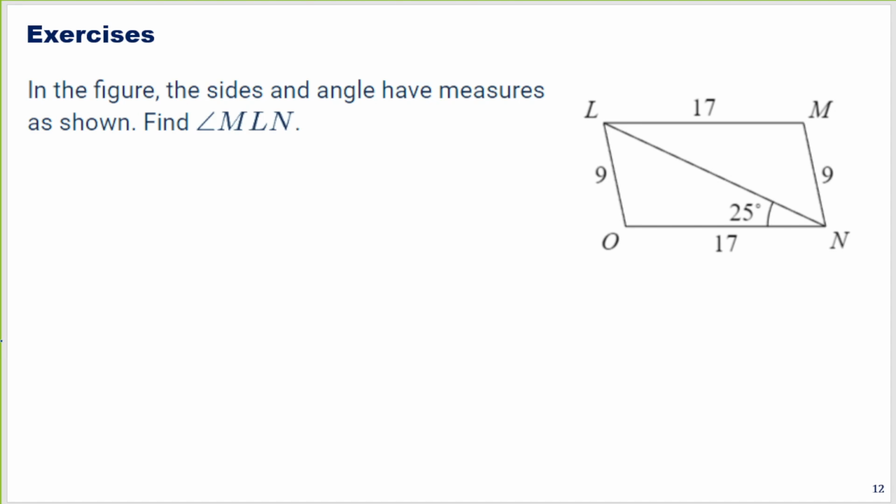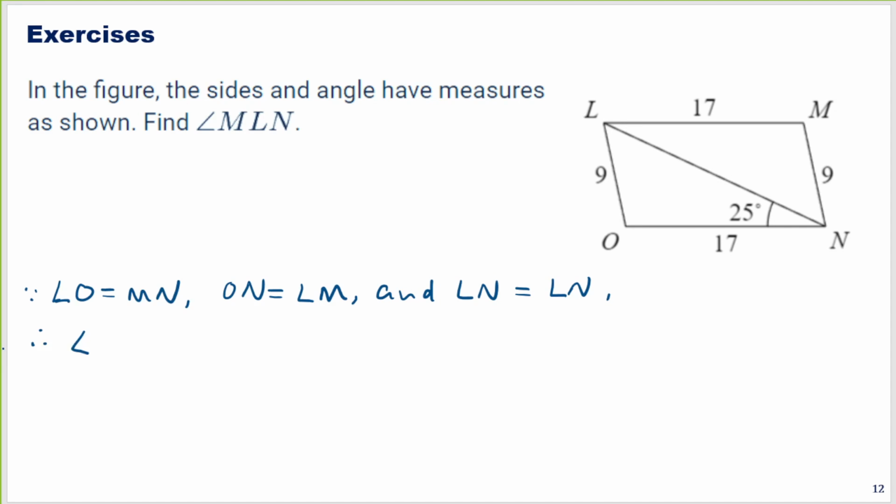So let's have a look at the solution together, okay? We can say because LO equals MN, ON equals LM, and LN equals LN. Of course, this is the common side, right? By SSS, we have triangle LNO is congruent with triangle NLM, by SSS, three pairs of sides.